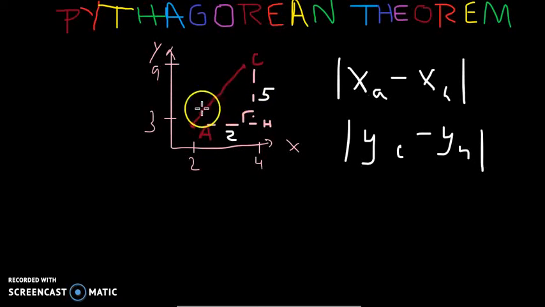So now, we could just do 2 squared plus 5 squared equals c squared. But what if we actually want to find a formula for this?